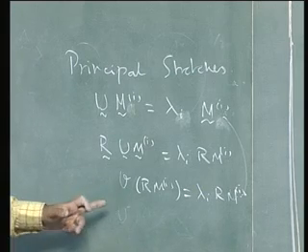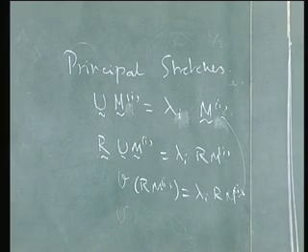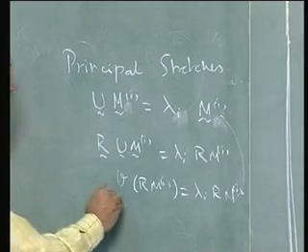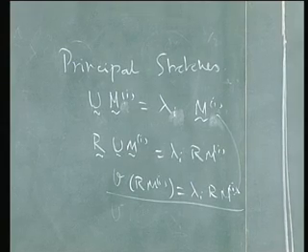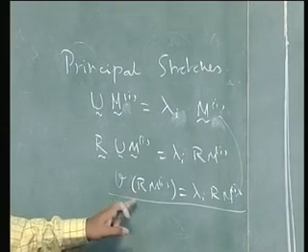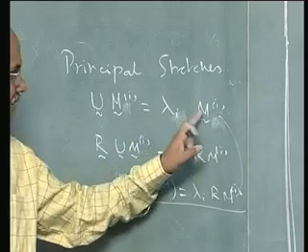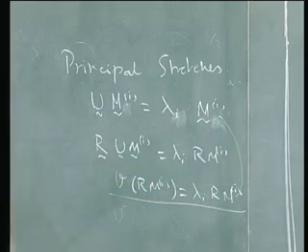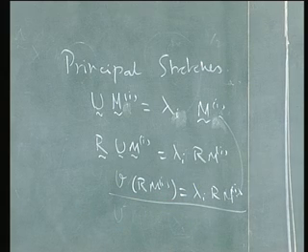Now look at this expression here. That talks about the eigenvalue problem, or eigenvalue equation, of V. The only thing that has changed here is that this m has become Rm, and hence the eigenvector has now become Rm. So the eigenvalue here has remained the same. What does it mean?